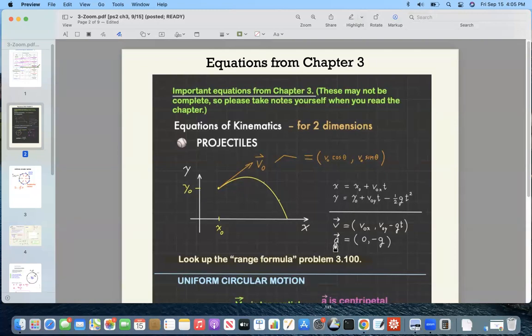The acceleration vector is 0 in the x direction and negative g in the y direction. The velocity will be constant in the x direction, so it'll just be v0x, and then linearly decreasing in the y direction, v0y minus gt.